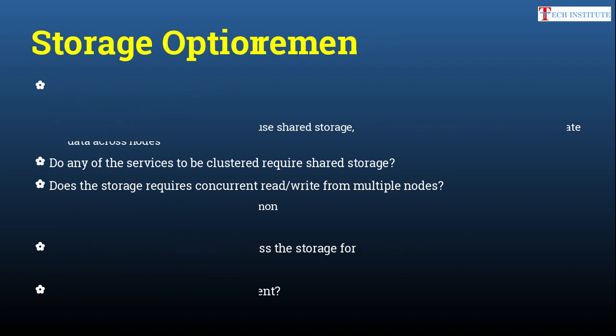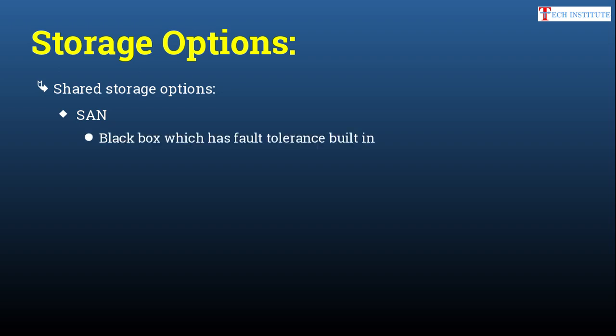Now if you are going with centralized storage, you have multiple options. For shared storage, the first thing you can use is SAN. SAN is an enterprise-grade, separate storage box with built-in fault tolerance, using technologies like RAID 0 and 5 for better fault tolerance and performance.